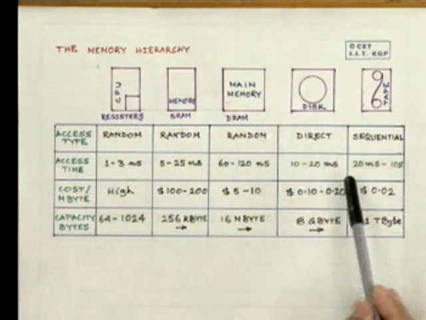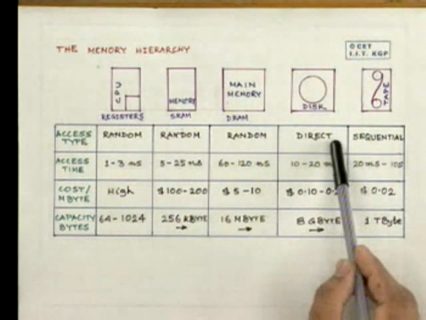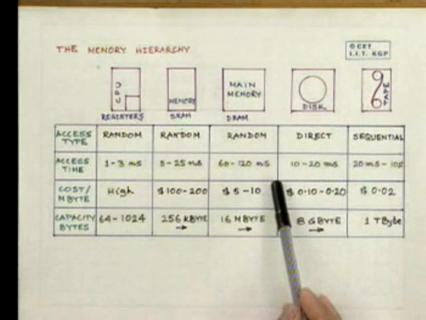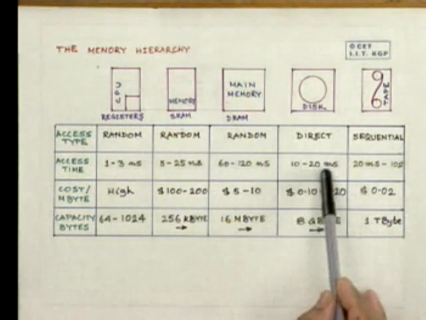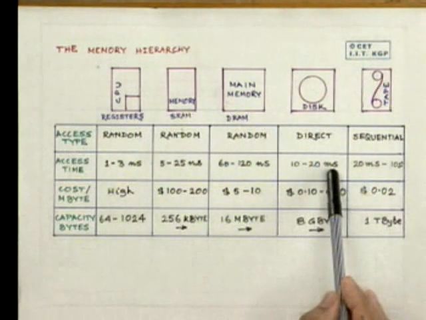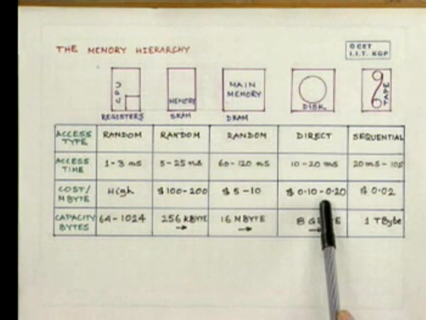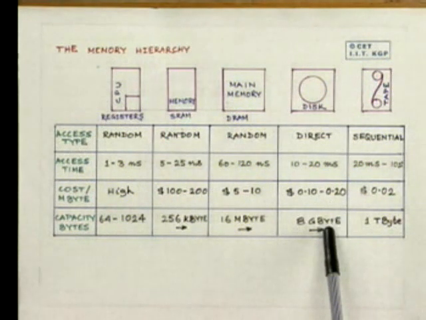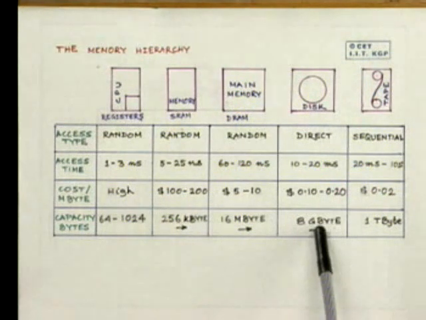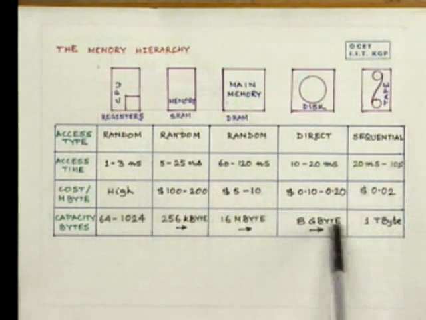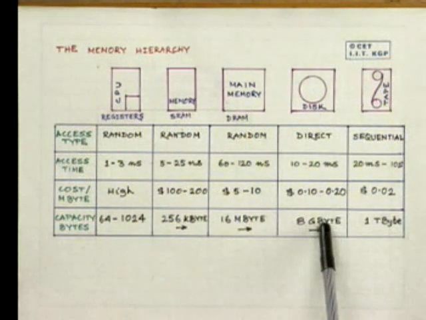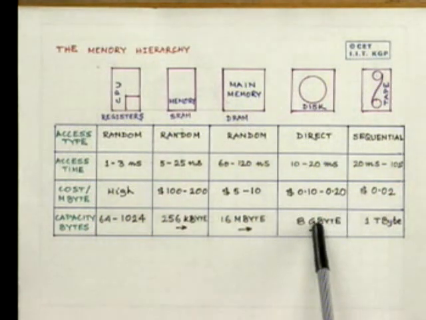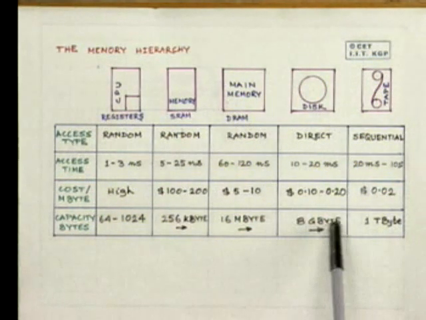Now here is a disk. The access type is direct. The access time is 10 to 20 milliseconds, pretty high. Cost, of course, is pretty low, and the capacity generally used is from 8 gigabytes onwards. It can be several, at least 100 or more gigabytes even.